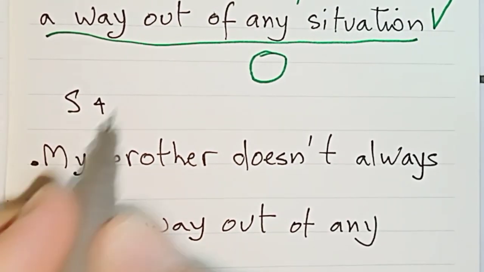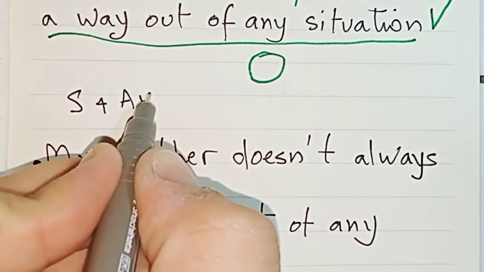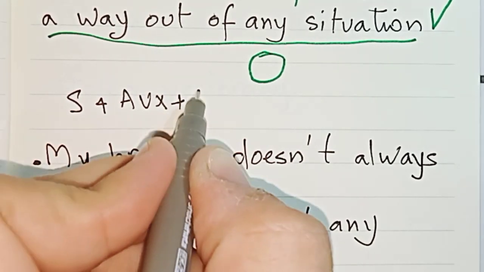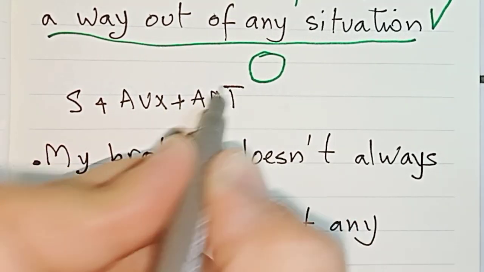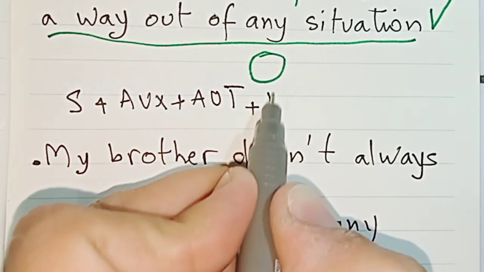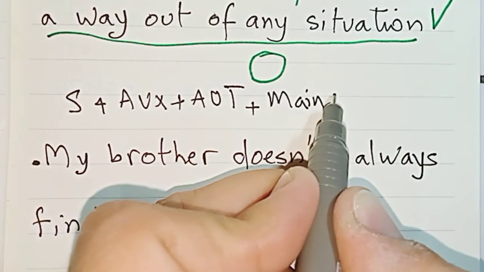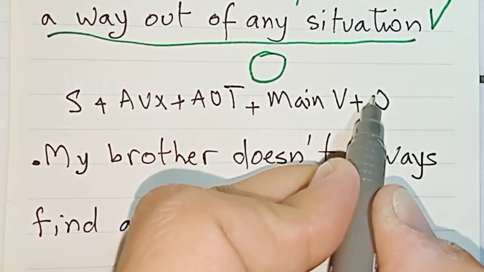So the structure should be something like this. Subject plus auxiliary plus adverb of time plus main verb plus an object.